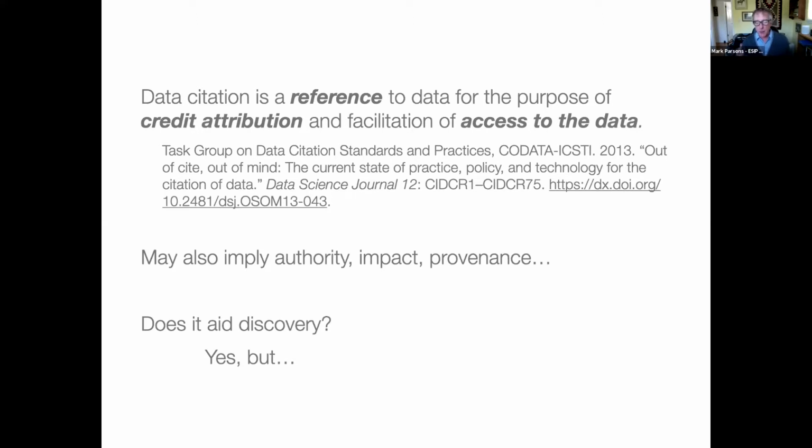Those might be things you want to search on, but the primary purpose of citation is not discovery as such. I just double-checked today, the Joint Declaration of Data Citation Principles doesn't say anything about discovery. It says things about identification and access, all things that are related to discovery, but not discovery as such.